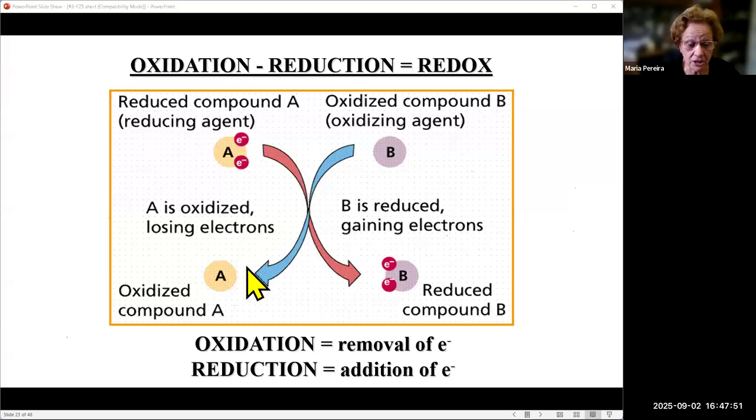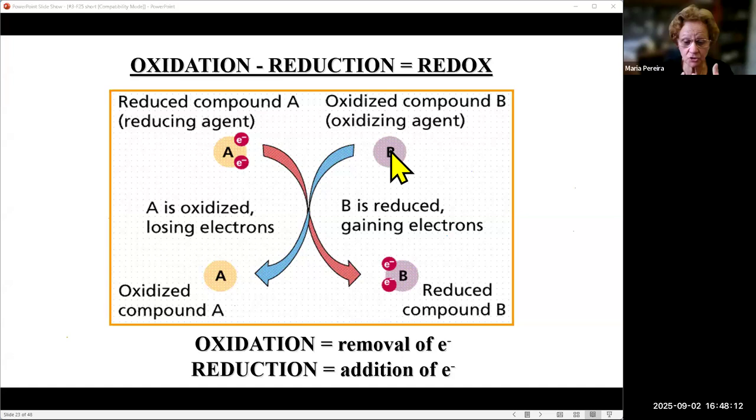Oxidation is the release of electrons, and reduction is the adding of electrons. These two reactions are coupled. And this happens in the Krebs cycle when we make ATP.